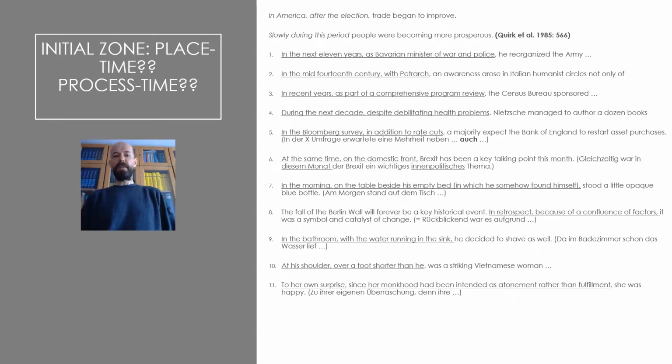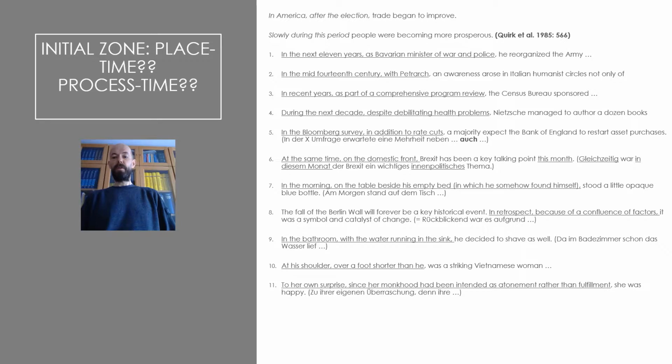taken from real text. In the next 11 years, time first, as Bavarian Minister of War and Police, he reorganized the army. Now, what we have to remember here is, of course, that in German, we'd have the following order. We'd have in den nächsten 11 Jahren restrukturierte er als bayerischer Minister für Krieg und Polizei.